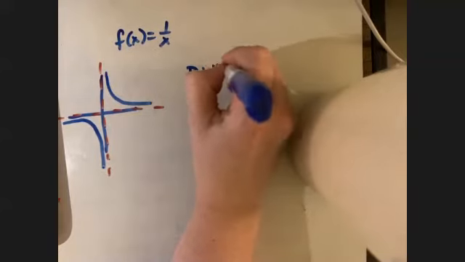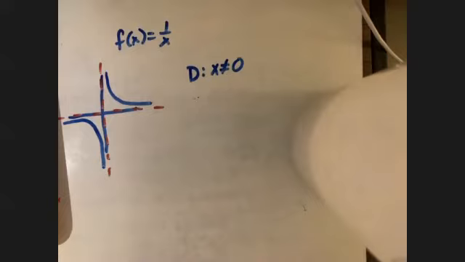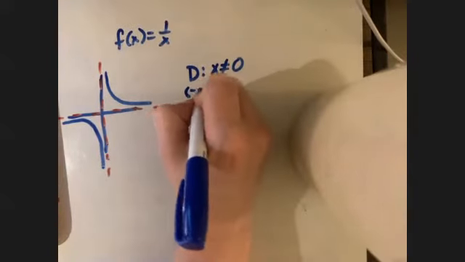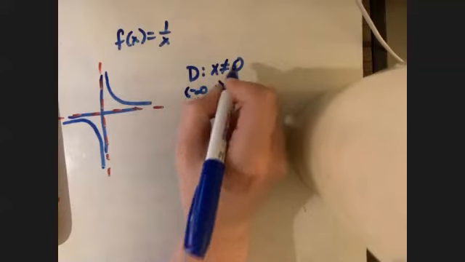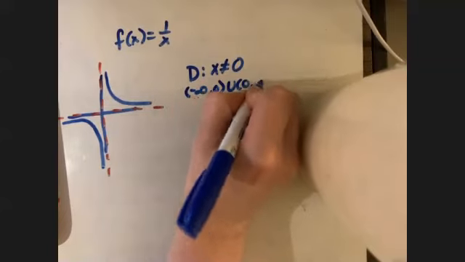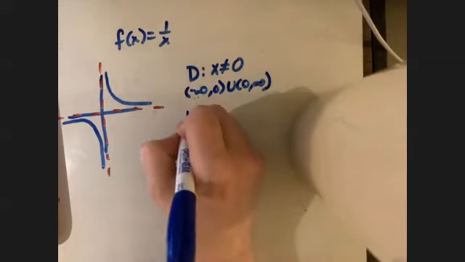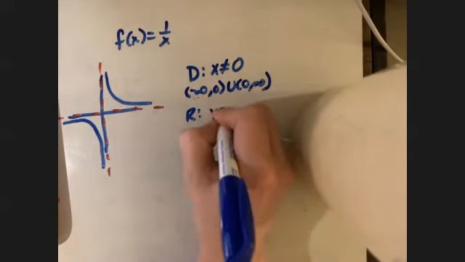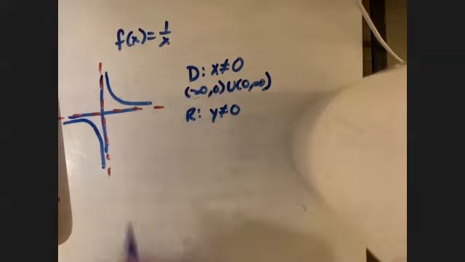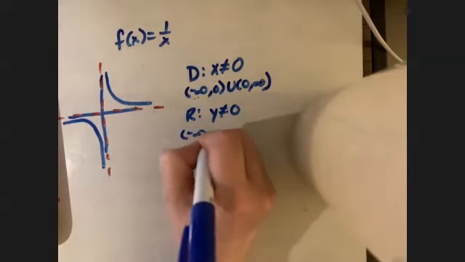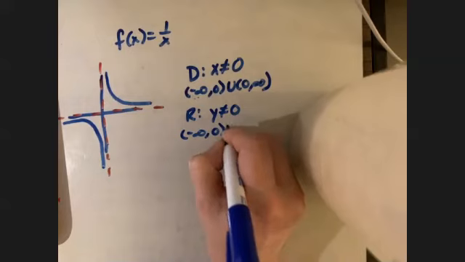I am perfectly content with saying x can't be 0. You can't divide by 0 up here. You may see this done as the union of two intervals. The range looks very, very similar. Again, I would be fine with y can't be 0, but you may see it done like this.